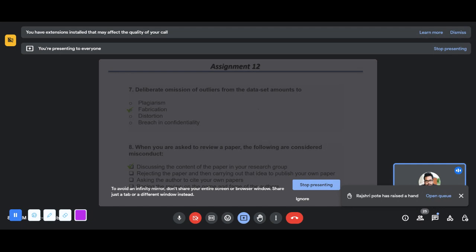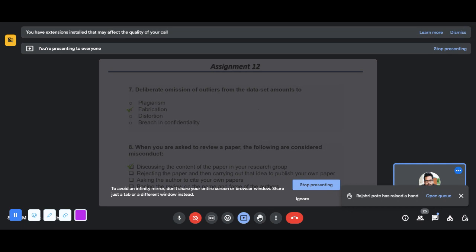Second is rejecting the paper and carrying out the idea to publish your own paper. It always happens that you are reviewing some paper, and they take the idea, but somehow they tell the editor that this is not up to the mark, and the paper gets rejected from that particular journal.